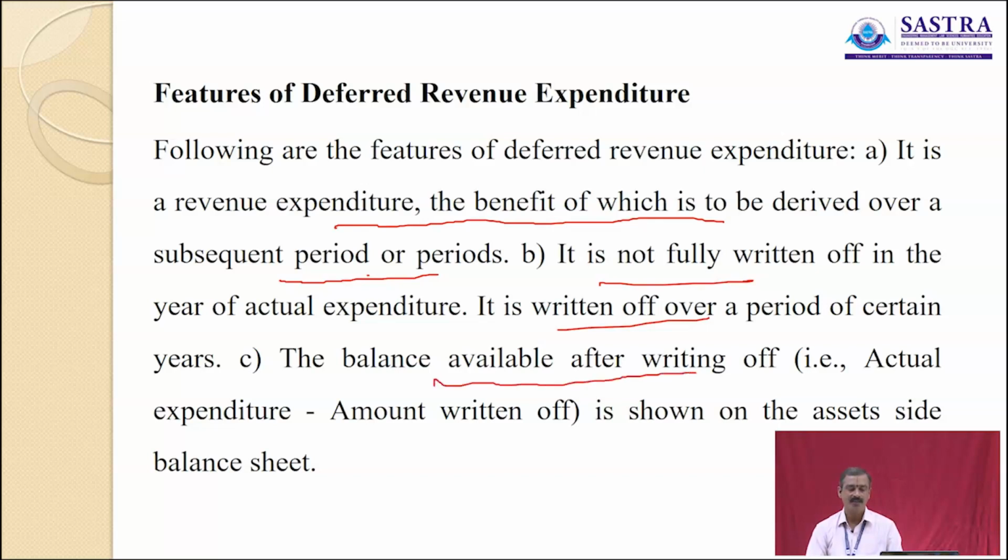It is written off over a period of certain years. The balance available after writing off, that is, the actual expenditure less the amount written off at the end of every year till its lifetime, is shown on the asset side of the balance sheet.